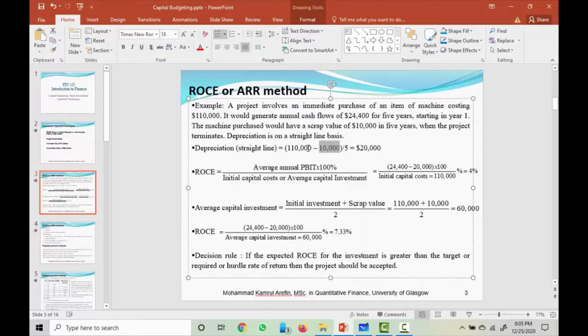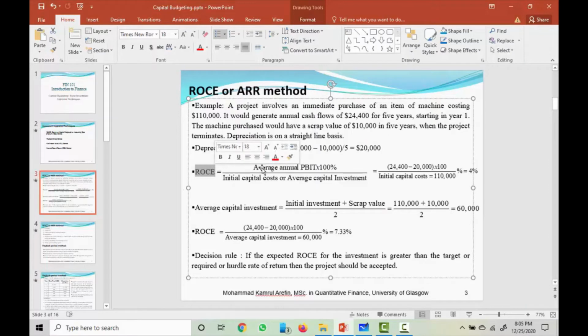That means over the 5 years the machine is losing $100,000 in value. We divide it by 5, and that means every year we need to depreciate $20,000 from the machine.